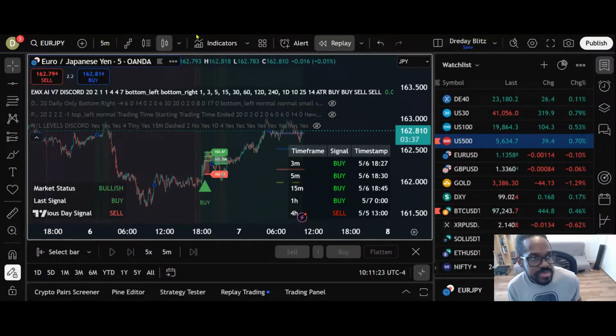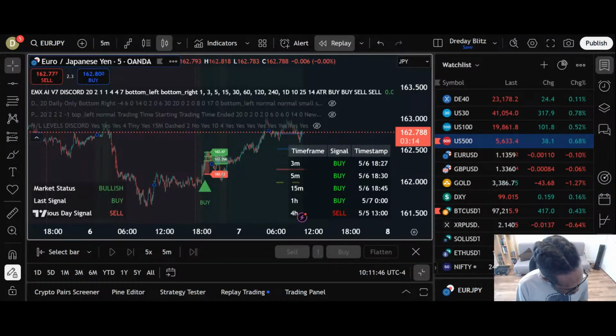So sometimes you're gonna miss the great setups, but if it doesn't align with your trading plan, just let it go, and you're gonna have another opportunity with the same currency or a different currency. So don't be sad that you missed that move. Sometimes I miss big moves too.